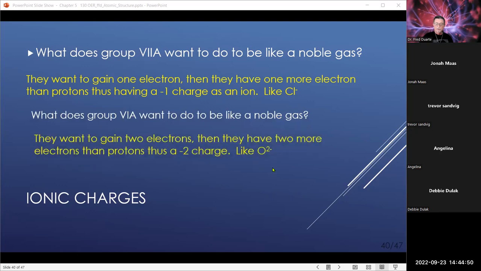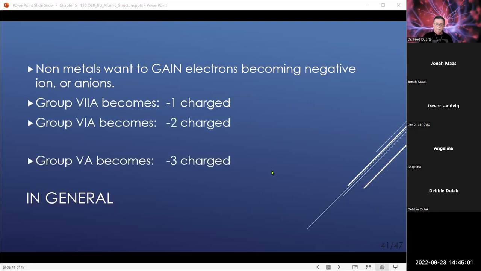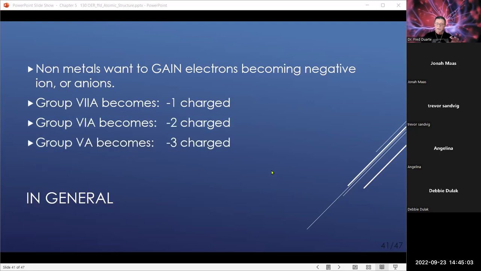Group 6 will end up with a -2, and so forth. Nonmetals want to gain electrons, they become anions, and therefore group 7A will have a -1 charge, just like I showed you earlier on that scale, a few slides back. Those are the respective charges depending on the group.